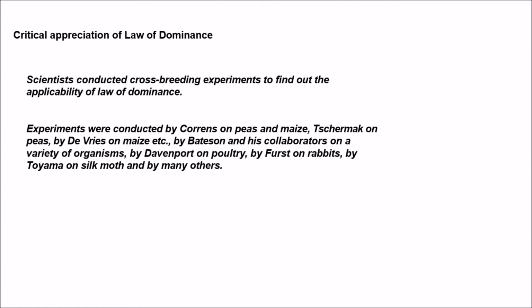Experiments were conducted by Correns on peas and maize, Tschermak on peas, De Vries on maize, Bateson and his collaborators on a variety of organisms, Davenport on poultry, Hurst on rabbits, Toyama on silkmoth, and many others.